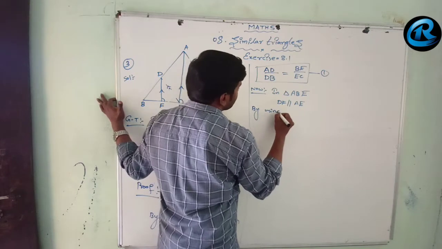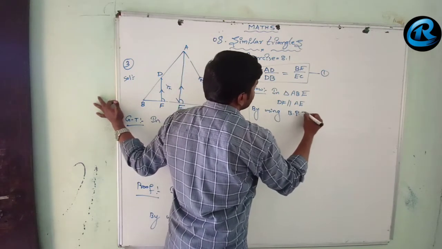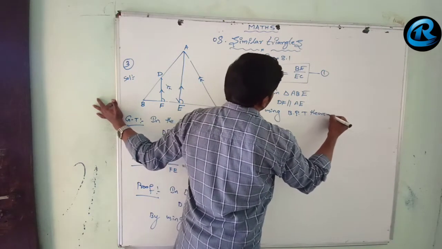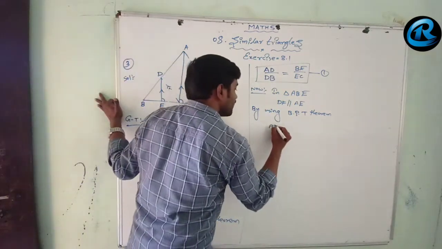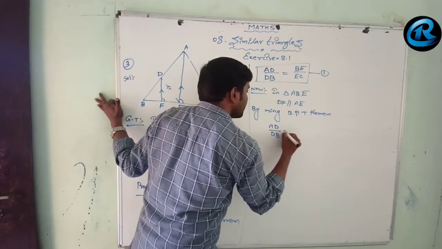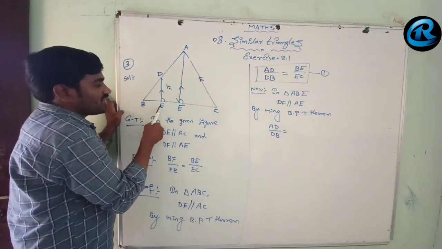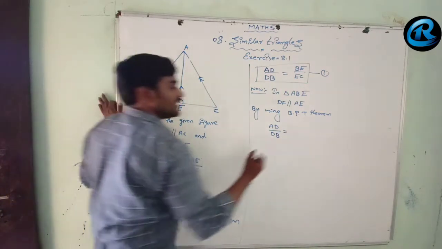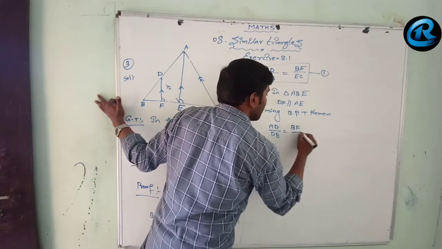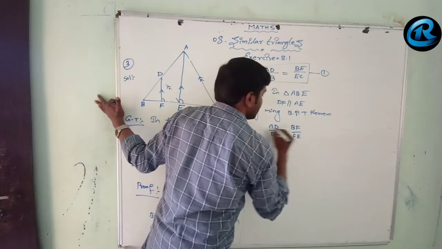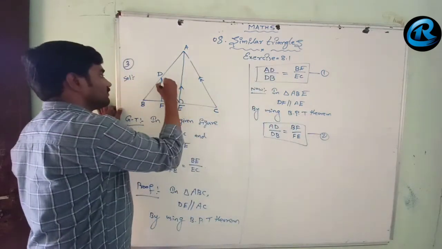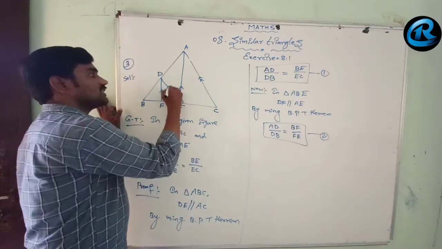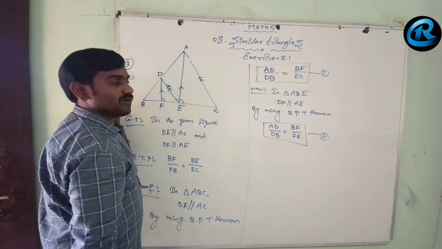By using the BPT theorem, or rather Thales theorem, we can write that AD by DB is equal to BF by FE. Now this is equation number 2. We have completed equation number 1 and 2.